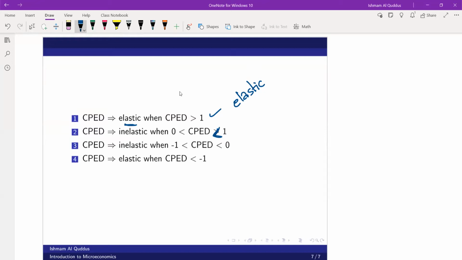When the value of CPD is between -1 and 0, the good is inelastic. When the value of CPD is less than -1, the good is elastic. So note here that it would be 0 less than CPD less than 1.